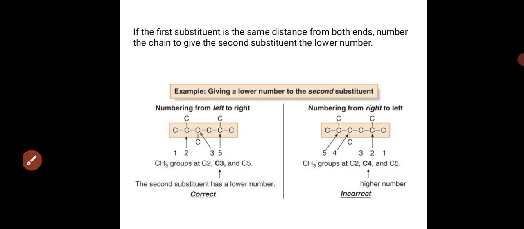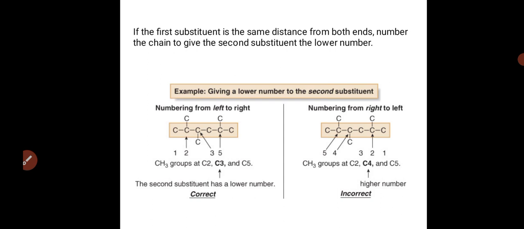So if the first substituent is the same distance from both ends, number the chain to give the second substituent the lowest number. So example, give the lower number to the second substituent. What it means here is, if you number the carbon, look at the first one, we have 1, 2, 3 and 5.